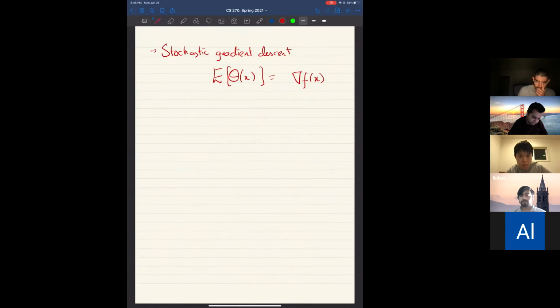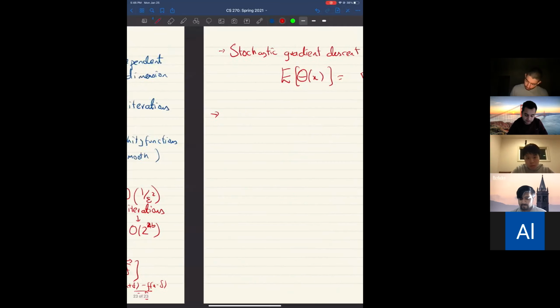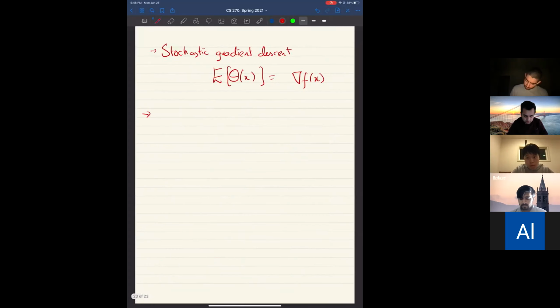Finally, this is the worst possible situation you can be in: you have a Lipschitz function which is non-smooth. Usually you're in much better situations. Your function is smooth, meaning the gradients change slowly. Then you can get 1 over t, or even better, sometimes you will be in a situation where you have a smooth, strongly convex function.